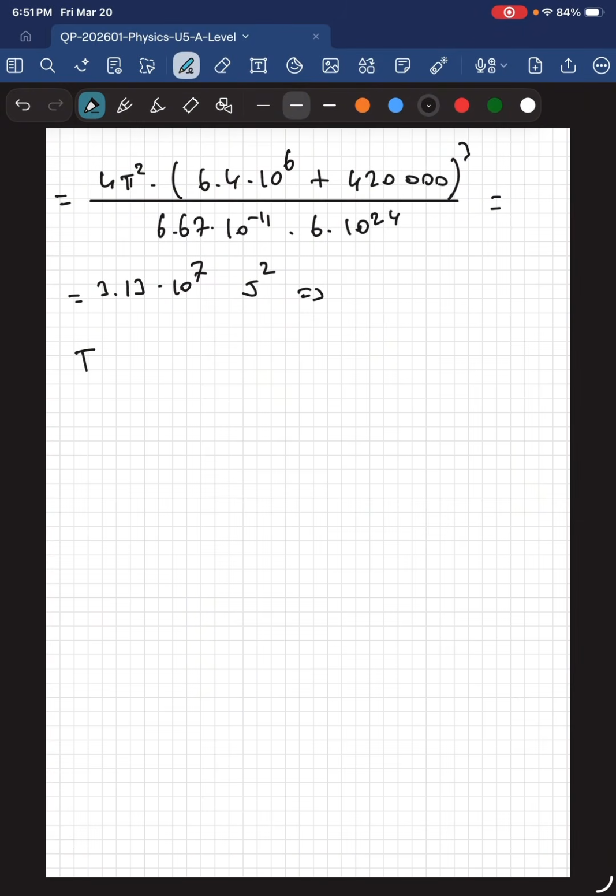So we have to take the square root to find T equal to 5593.9 seconds. Okay, now if we divide 86,400 seconds by this period, we will find the number of orbits, the number of times around the Earth.